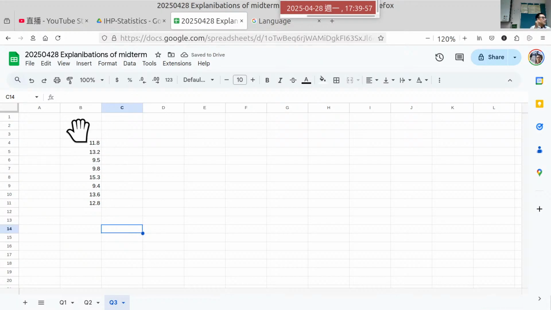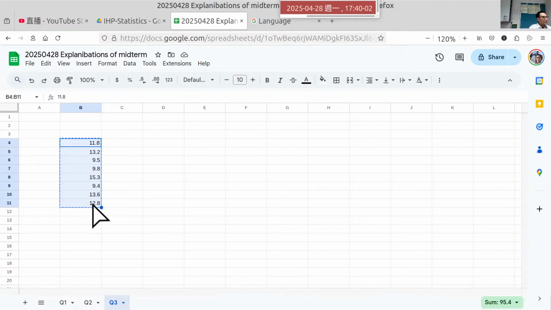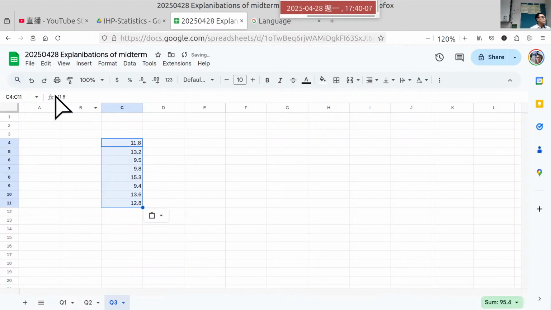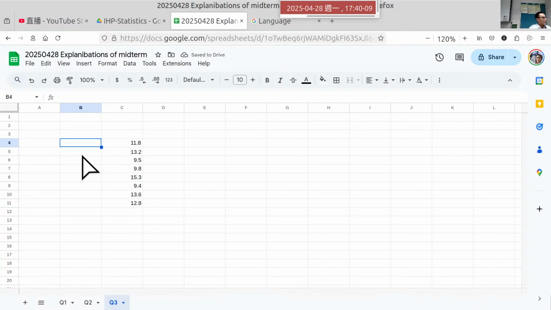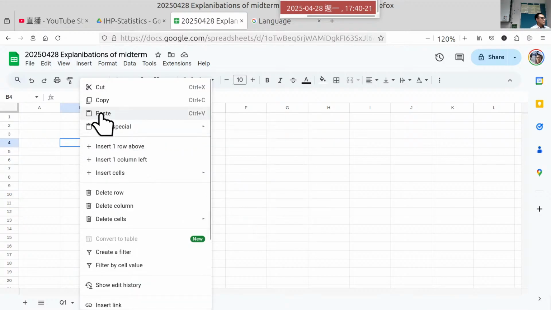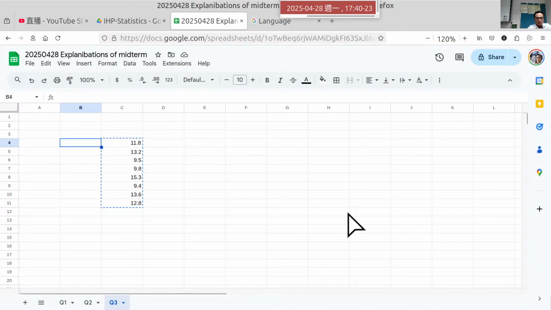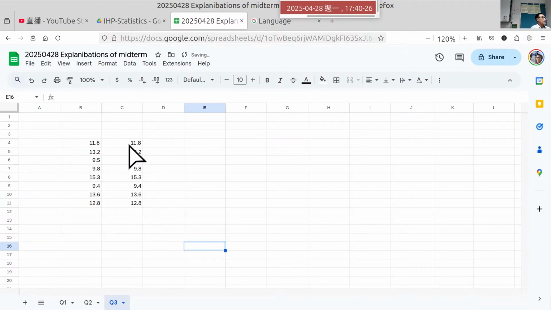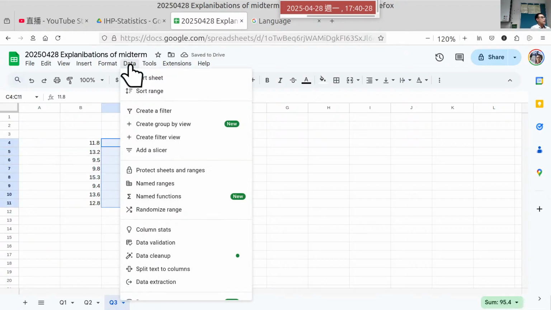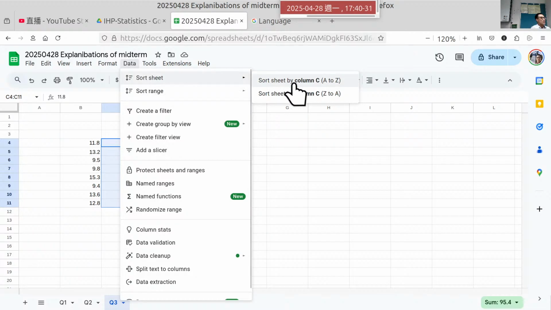Okay, and now I have the dogs. Select the range and use data sort from small to big.